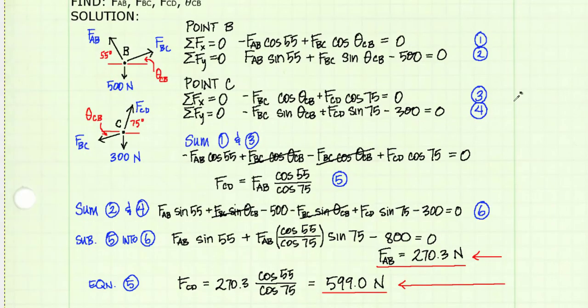The next thing I'm going to do is substitute my value for force AB into equation number 1. Another option is to substitute the value I got for force CD into equation number 3. Either of these substitutions will isolate force BC and the cosine of theta CB.